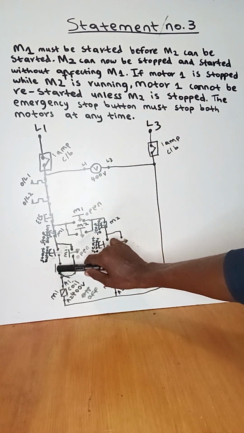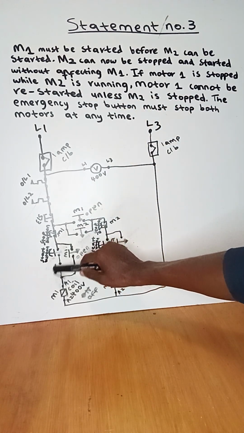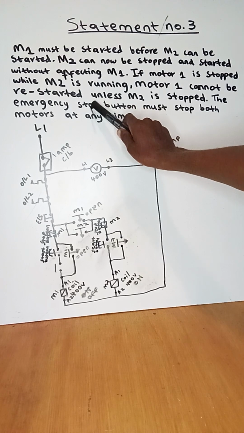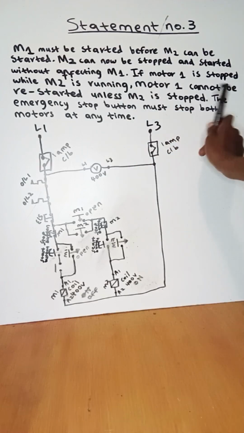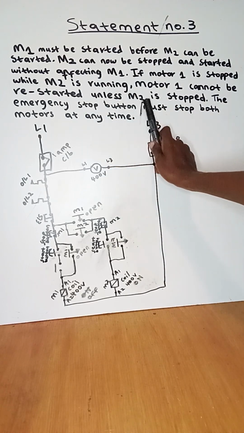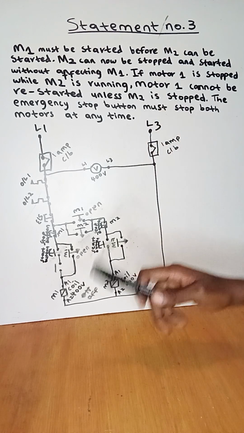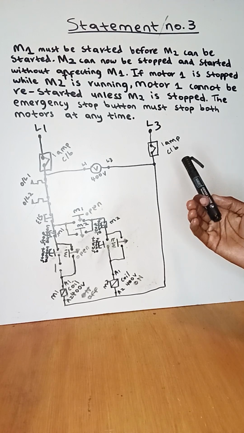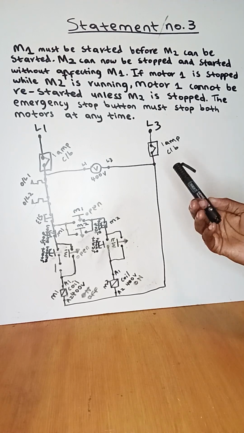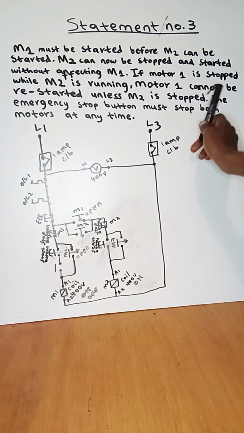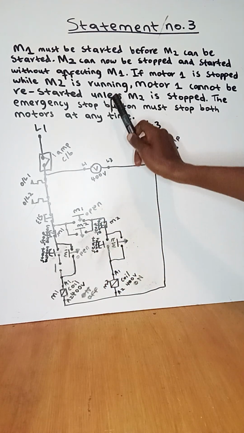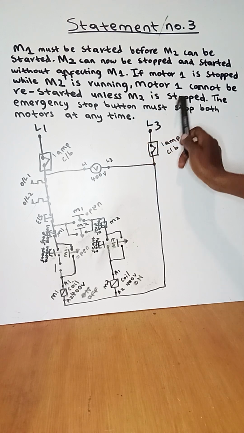Okay, we have disturbed motor 1 from restarting with a normally open contact after the start button of motor 1. It also says motor 1 cannot be restarted unless motor 2 is stopped. So this statement creates a contact by itself. It says motor 1 cannot be restarted, so we have disturbed motor 1, unless motor 2 is stopped.